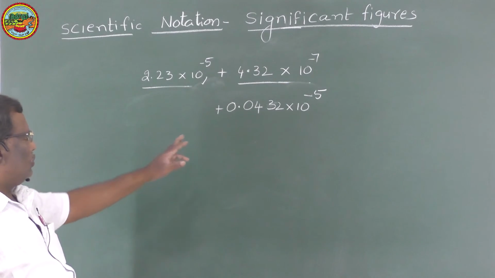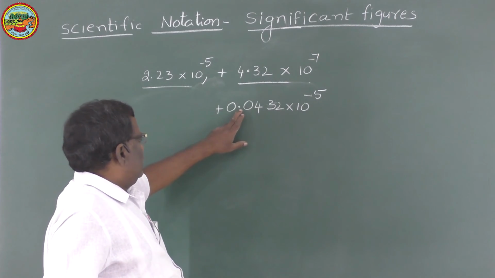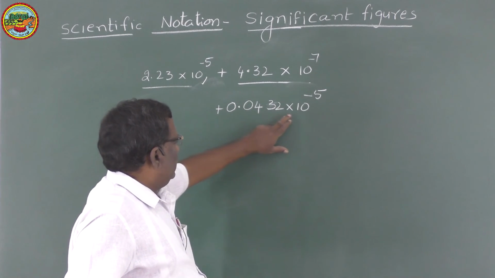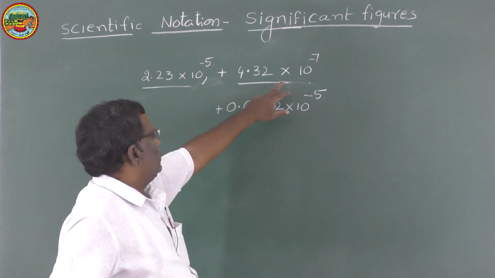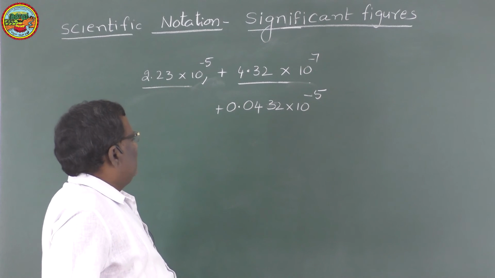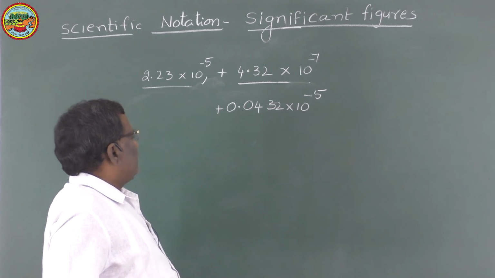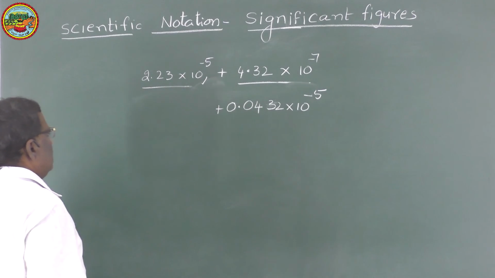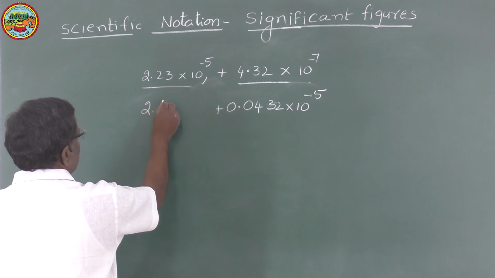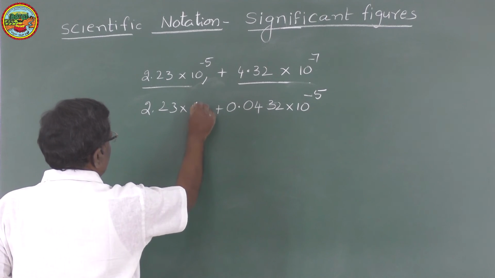Left hand side. So 4.32 into 10 to the power minus 7 is nothing but 0.0432 into 10 to the power minus 5. So now you can add these two numbers, 2.23 into 10 to the power minus 5.